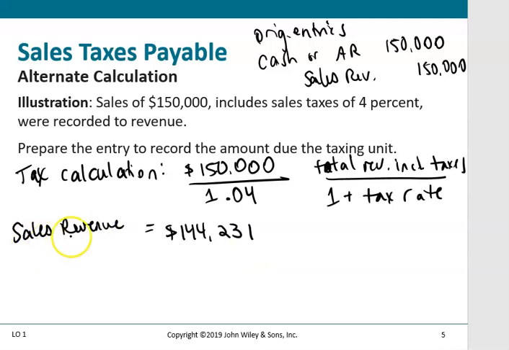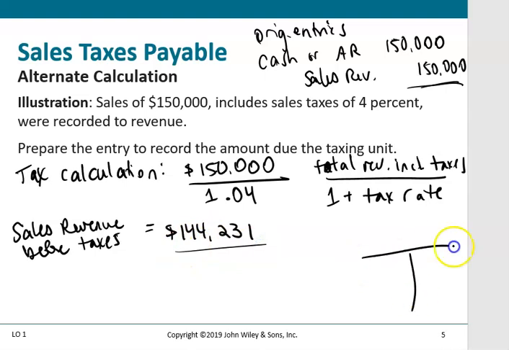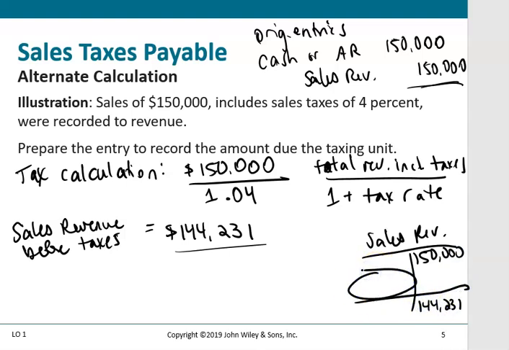So that's the amount that we want to keep in the sales revenue account. We've booked $150,000 into sales revenue, but we want that account to actually be $144,231. So if we think about our sales revenue T account, we have a $150,000 balance, we want that balance to be $144,231, and we want that difference to come out of sales revenue and go into sales tax payable.